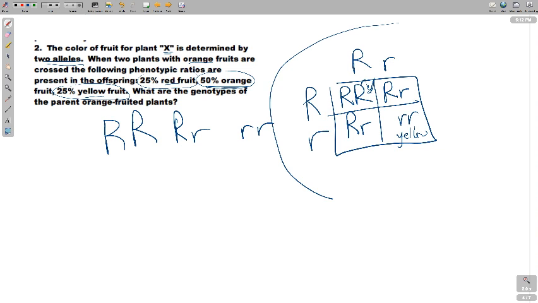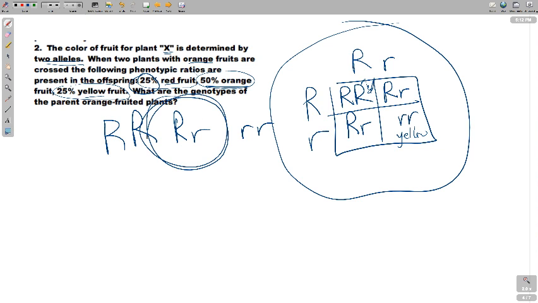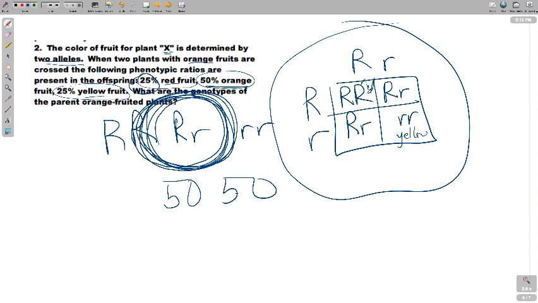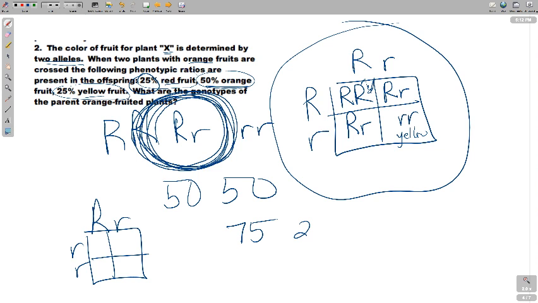Same thing. These questions tend to repeat themselves. But if you see 25, 50, 25, then you know automatically it's 2 of these guys. If it's 50-50, that's your heterozygous with the recessive one. So you start to see the ratios. If it's 75-25, that's not incomplete dominance.